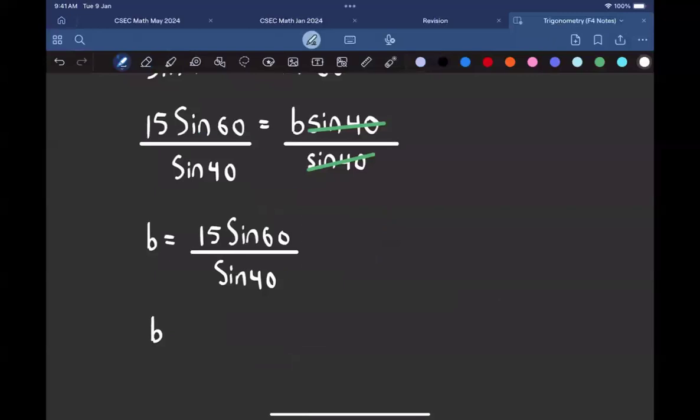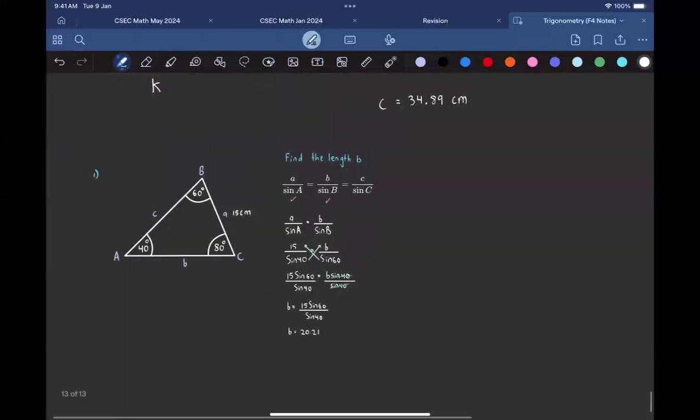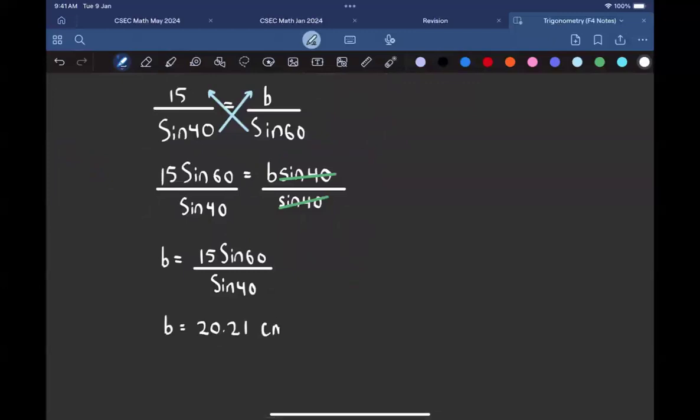In the meantime, you get 20.2. Excellent. Actually, if you round it off to two decimal places, since I have a 9 after the 0, it's 20.21. And it was using centimeters, so that'll be centimeters.